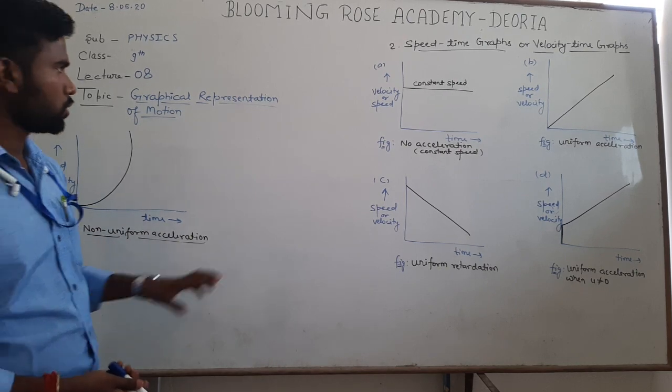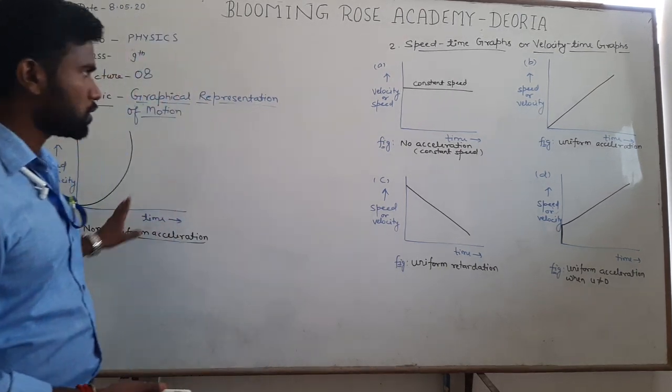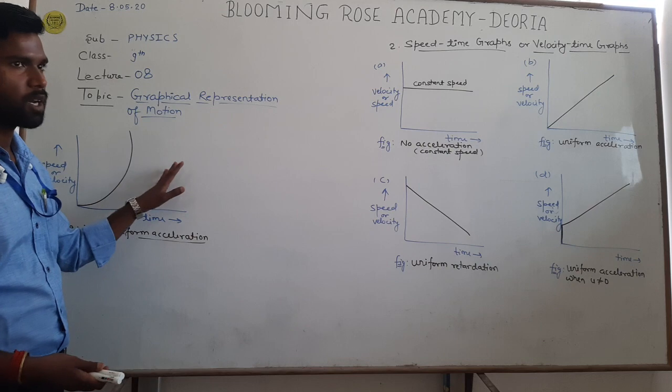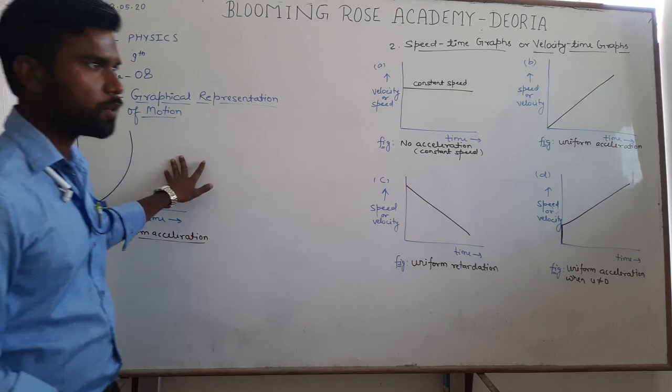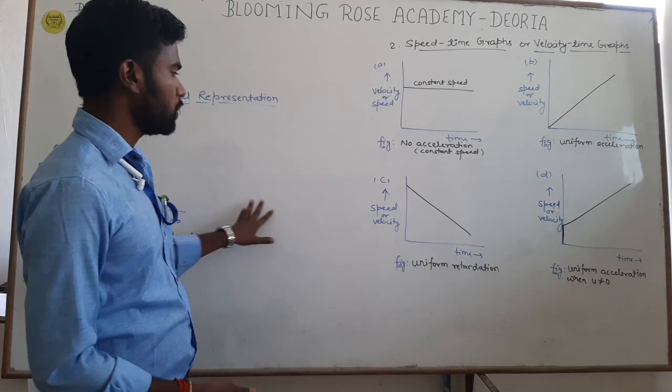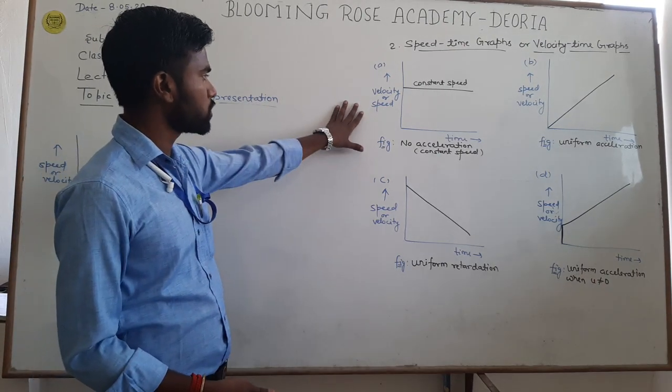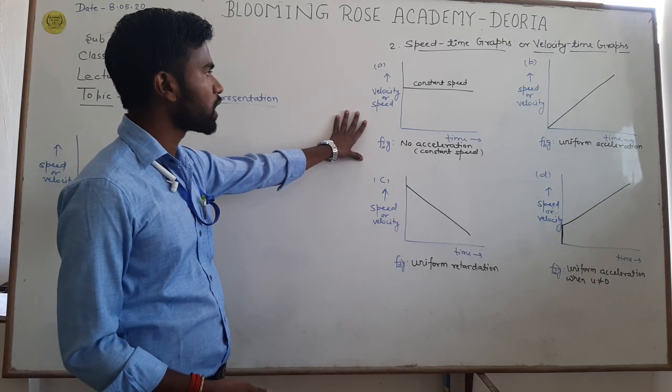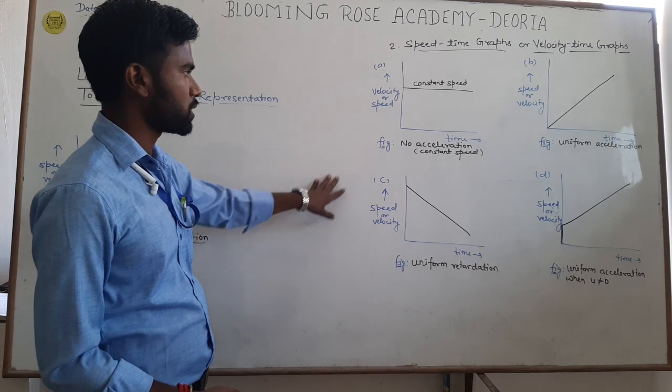You have to note two points. First, the distance-time graph of a body or object gives you speed, and the velocity-time or speed-time graph of a body gives you acceleration.